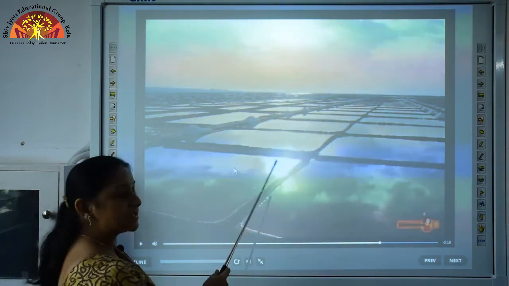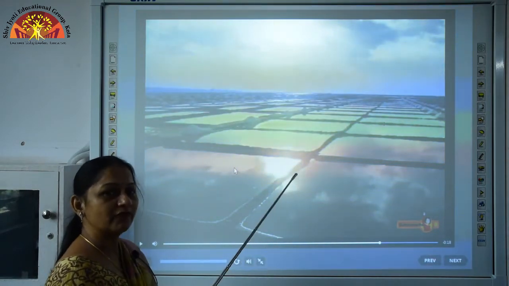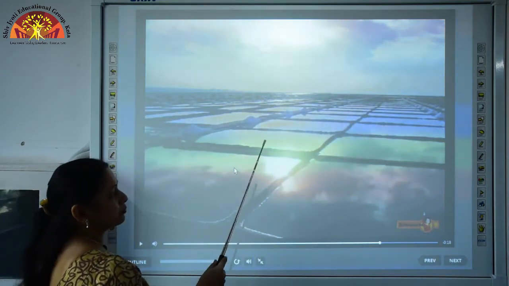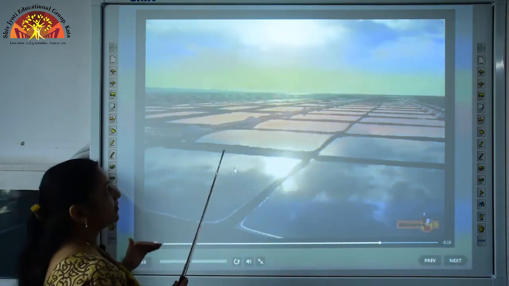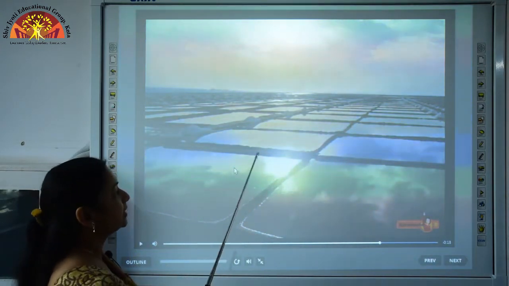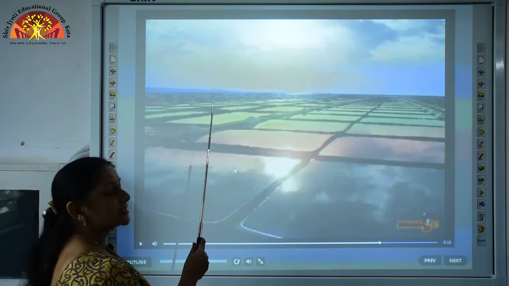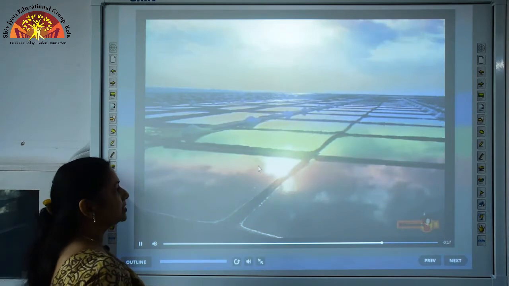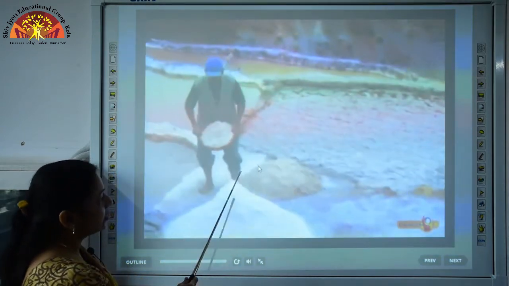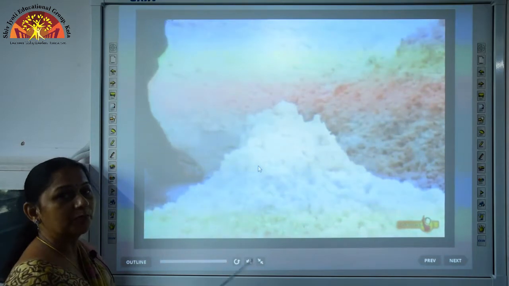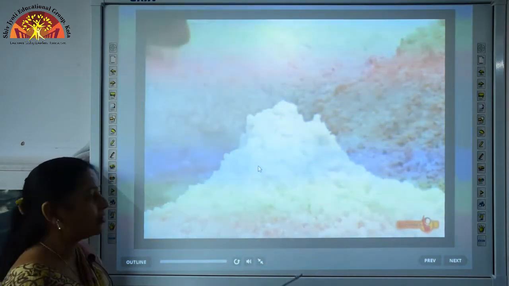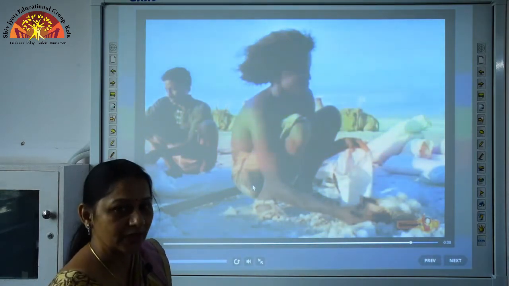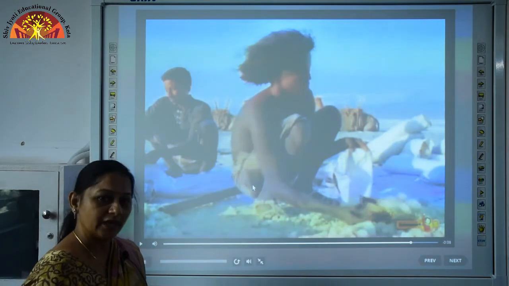In these pits the seawater, which contains a mixture of salts, is allowed to stand, and when these pits are under the sun's rays, the water evaporates due to the sun's heat, and what is left behind is salt. The salt so obtained can be purified further to get the salt that we use in our kitchens daily. Okay? So, you have understood the process of evaporation.